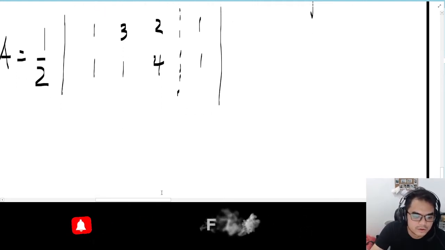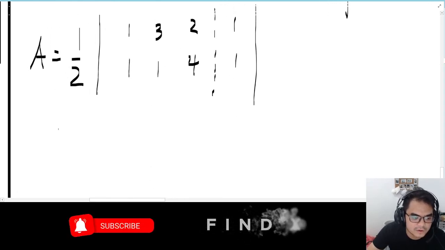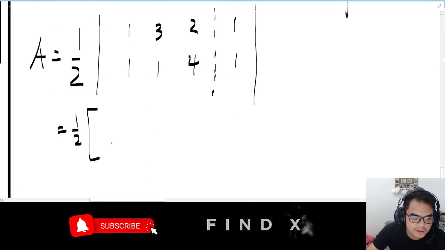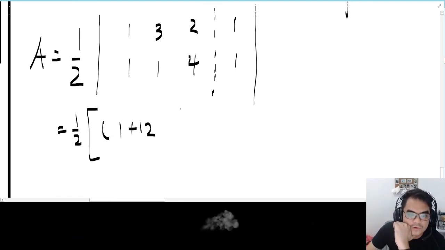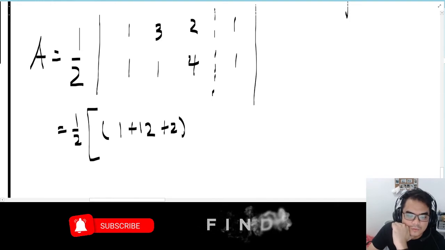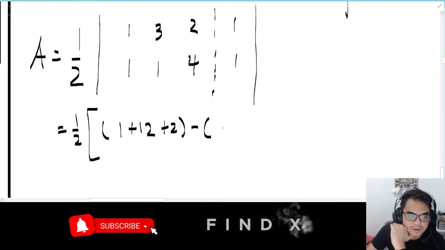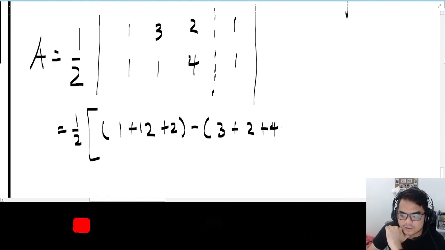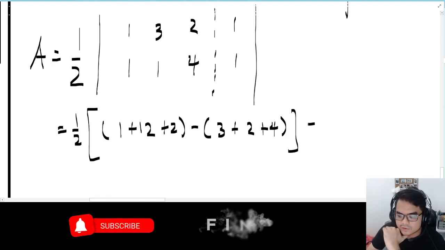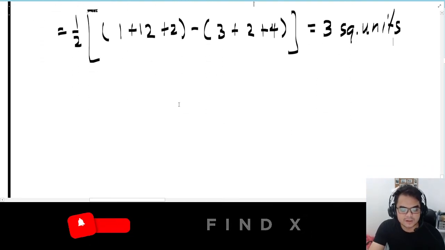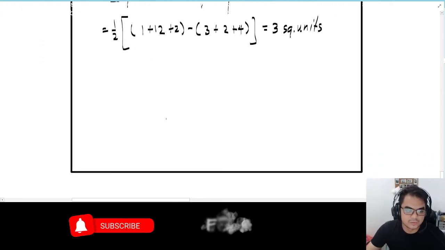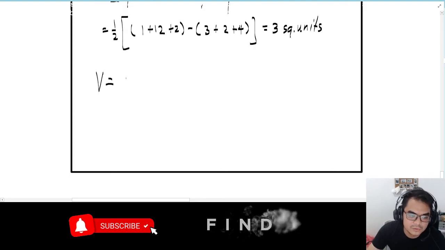So 1 1. Okay, so let's get the area for this one. You'll have here equal to 1/2 times 1 times 1, that's 1, plus 12 plus 2, minus the 3 plus 2 plus 4, right? And if you get this, you have here 3 square units. Okay, so with that, let's get the value of the volume. V is equal to theta, right?